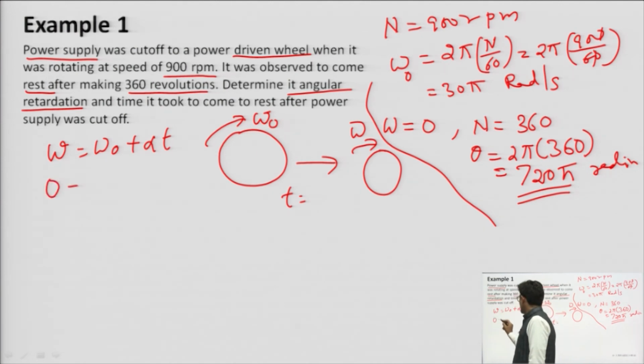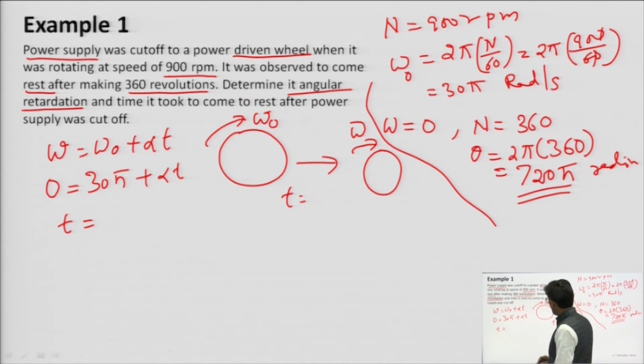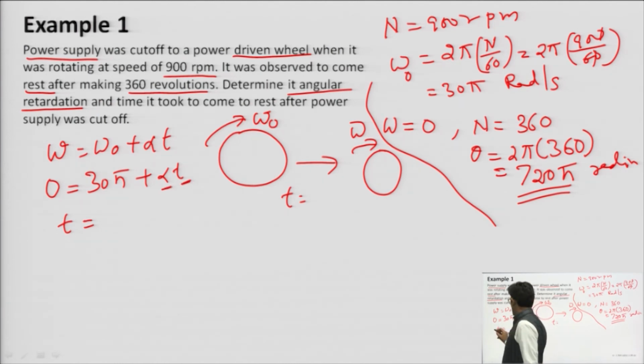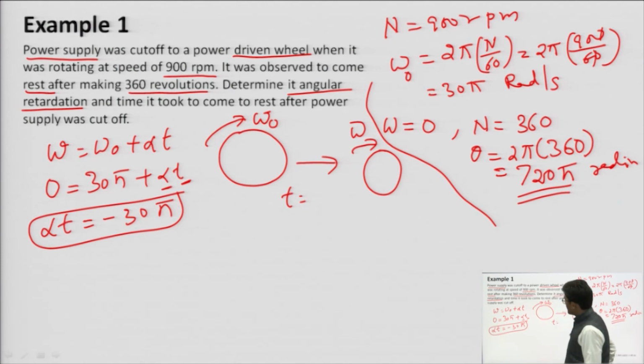So 0 is equal to omega naught, it is 30 pi, plus alpha into t. Alpha is not known to us, t is not known. So alpha into t is equal to minus 30 pi.